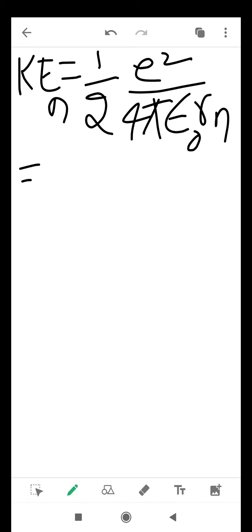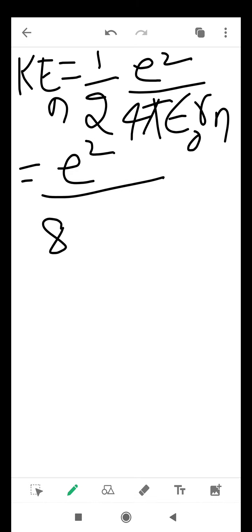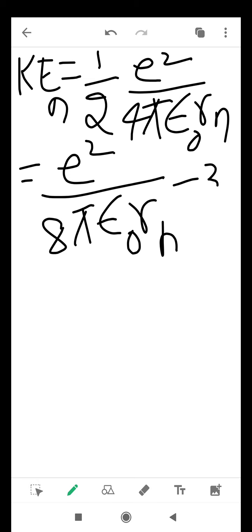Therefore we can write e square divided by 8 pi epsilon naught into Rn. Call this equation number 3. This is the expression for kinetic energy.